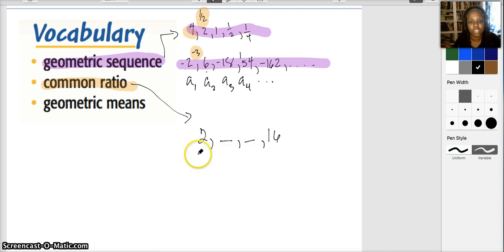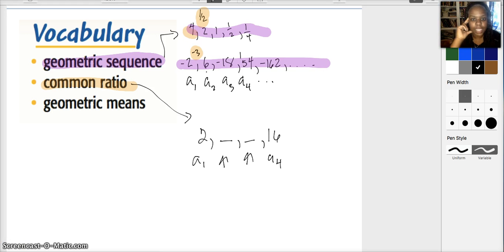If I give you a couple of values on either side, letting you know what the terms are, this is a sub 4, the geometric means would be the values in between. We refer to it slightly differently in geometry, but no worries about that for right now. That's what the geometric mean is, and we'll talk about different ways to find those values in between.